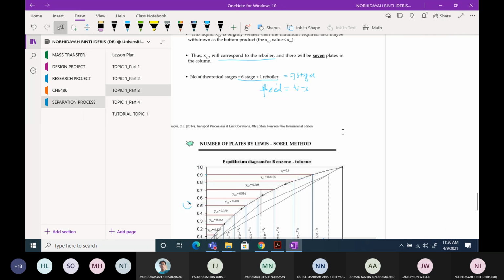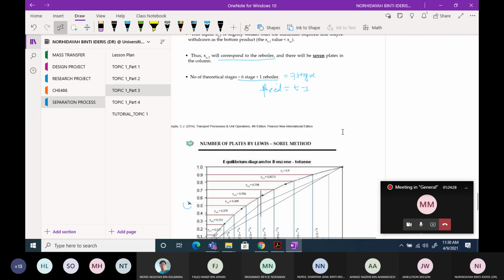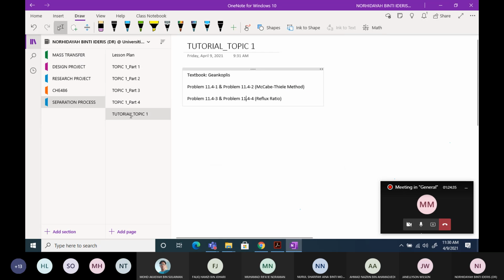Okay, class, so we should continue our lesson today on the tutorial. I've already written down the problem. By right, up to this point, you should be able to solve problem 11.4-1 and problem 11.4-2.